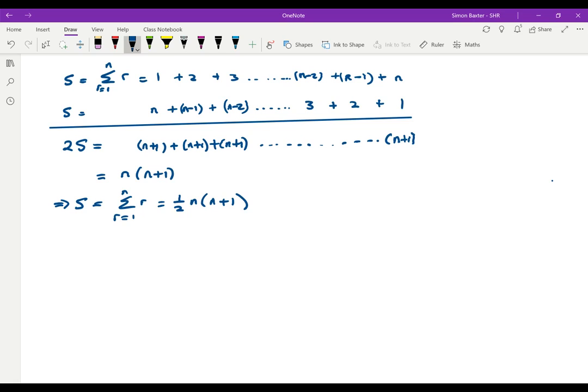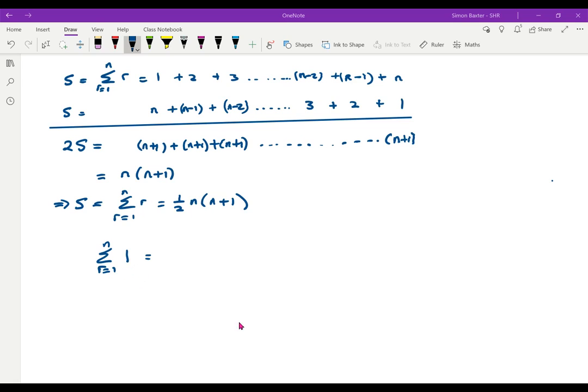One more formula, which is actually a very, very simple one. What is sigma, r equals 1 to n, of 1? Just think for a moment. When r is 1, this is 1. Well, it doesn't change. When r is 2, this is 1.